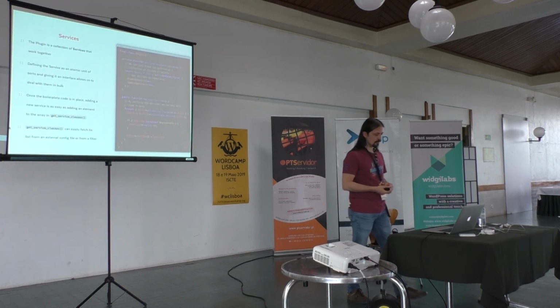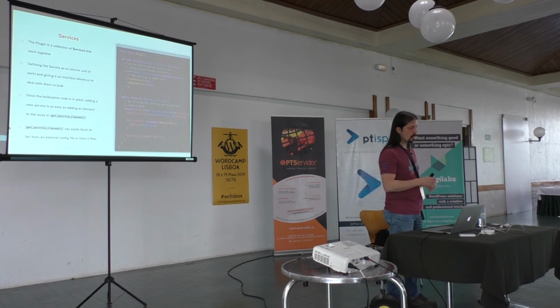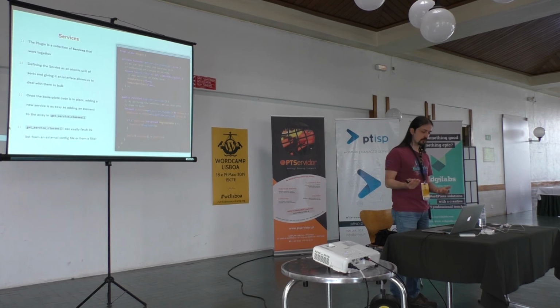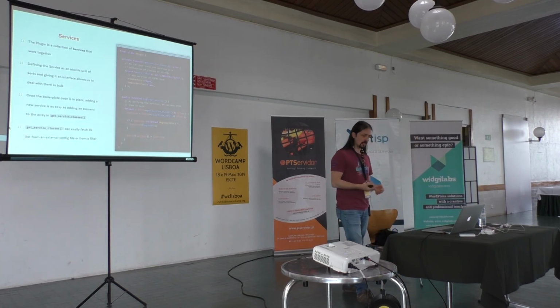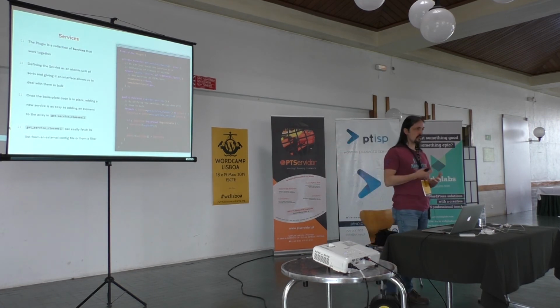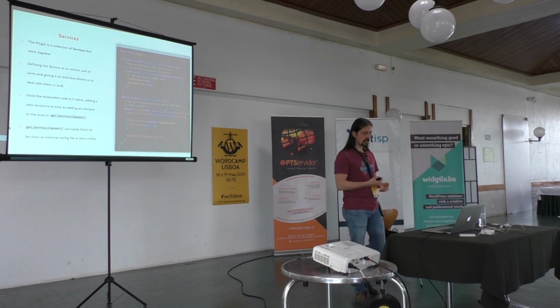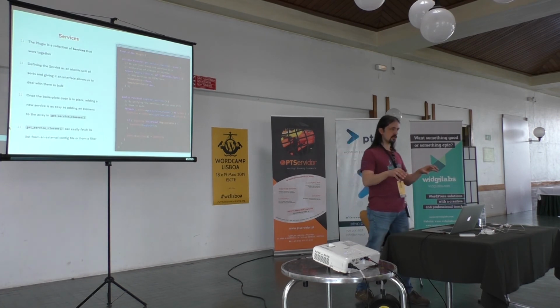Here we have a quick example of how such a service-based architecture can work at its simplest form. The plugin is basically just two pieces. One piece to fetch the list of services that compose the plugin, and one piece to actually hook these services up with lifecycle events.